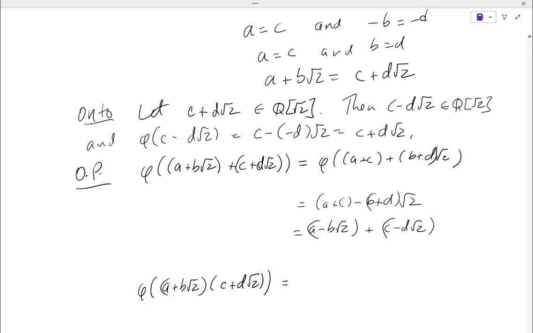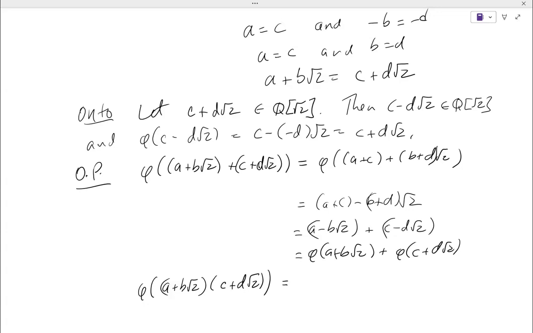And now that first piece is phi of a plus b root 2, and the second piece is phi of c plus d root 2. That okay?